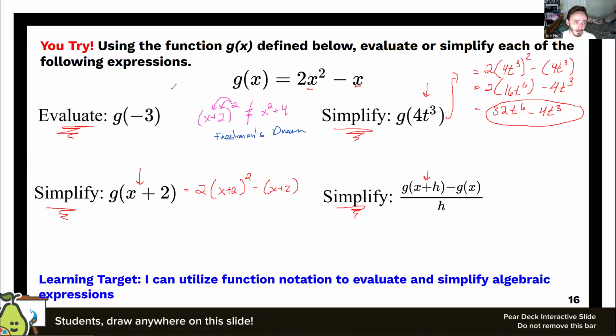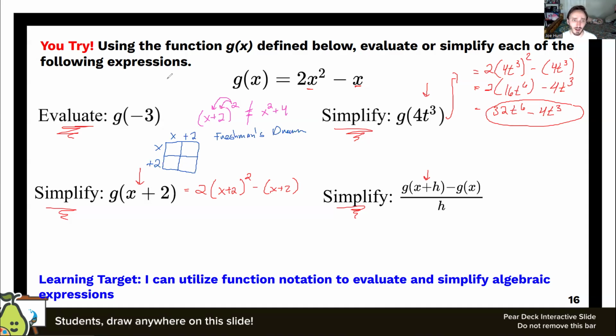Instead, what you want to think about is something like x plus 2 itself as a quantity. X plus 2 has two terms. It's the x and the positive 2 term. It's multiplying by itself.